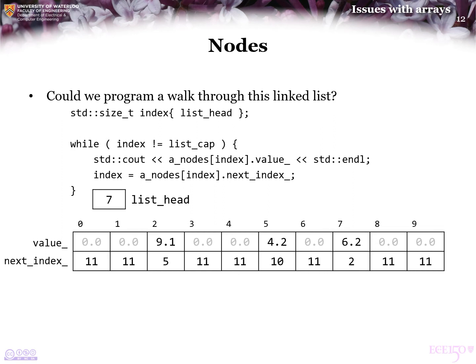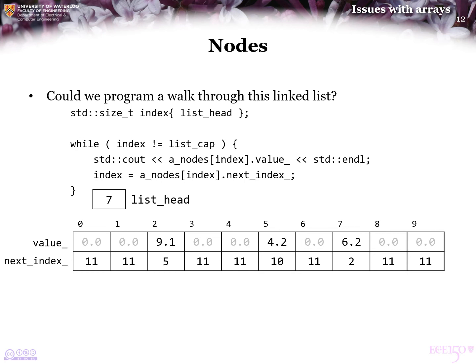We print the value at index 2, and then we set index to be the next index at index 2, which is 5. We then print what is at index 5, which is 4.2, and then we set index to be index 5's next index, which is 10. But 10 is equal to the list capacity, and thus we have finished walking through this linked list.